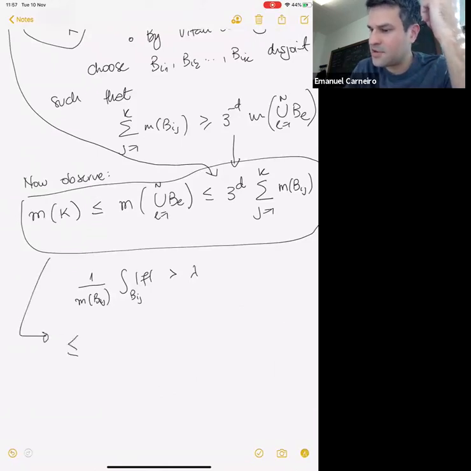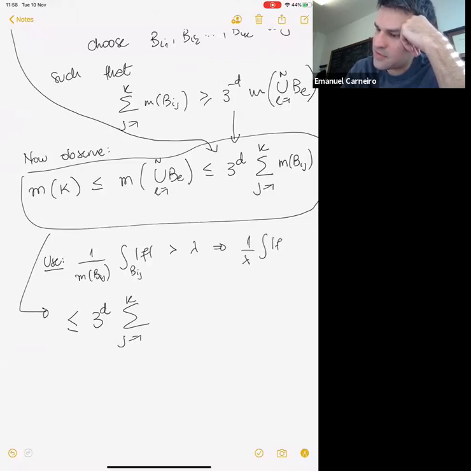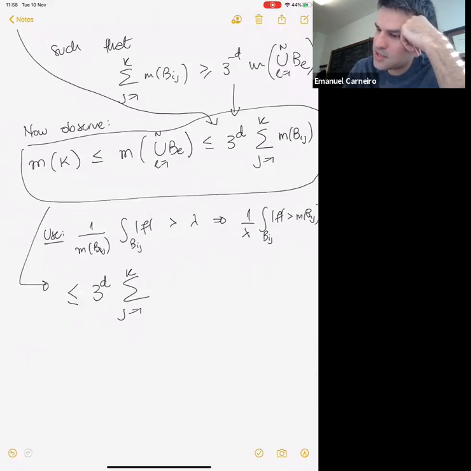It's going to be less than or equal then, so I'm using this: 3 to the d, the sum from j=1 to k. In each of these balls, if I move lambda to this side, the integral of f over Bij will be bigger than the measure of this ball, Bij. So the measure of the ball is less than 1 over lambda times the integral of f over Bij.